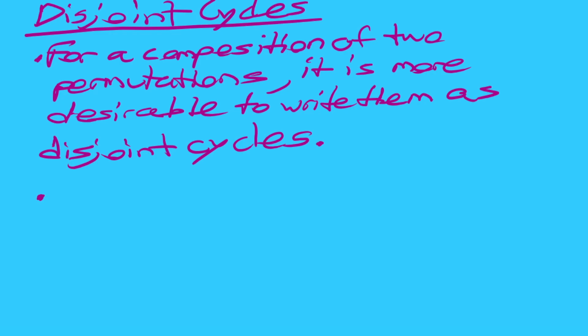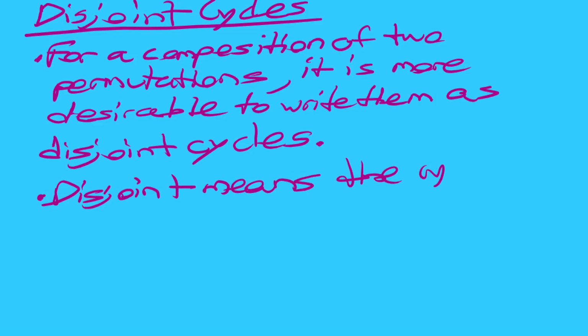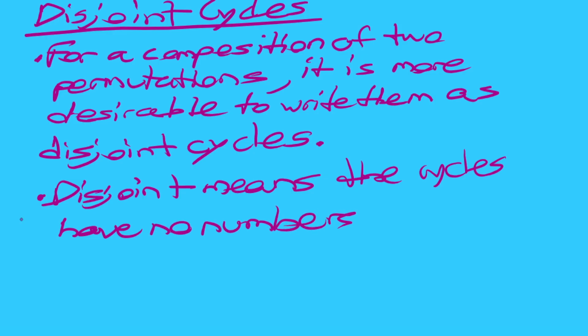And disjoint means the cycles have no numbers in common. So let's look at an example.